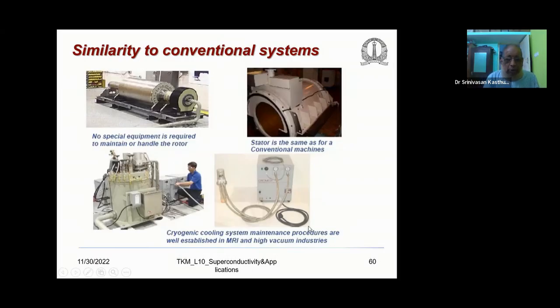Cryogenic cooling system maintenance procedures are well established in the MRI and high vacuum industries, so it is well known. You can automatically understand and utilize this cryogenic cooling system for these purposes.